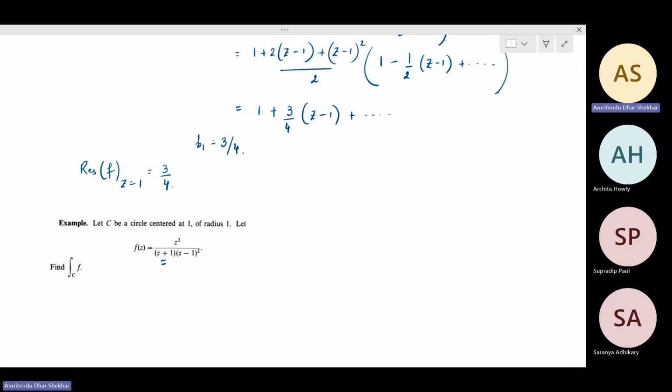And so by the residue formula, what you get is that the integral of f is equal to 2 pi i times the residue of f at z equals 1. We computed the residue of f before.